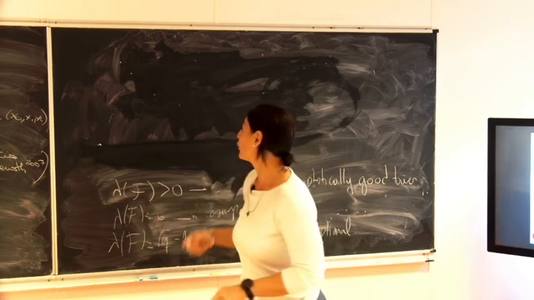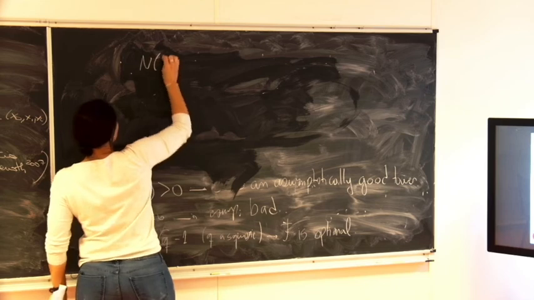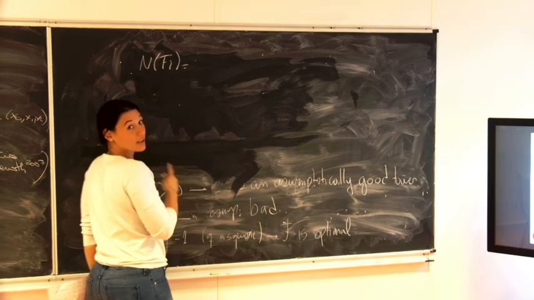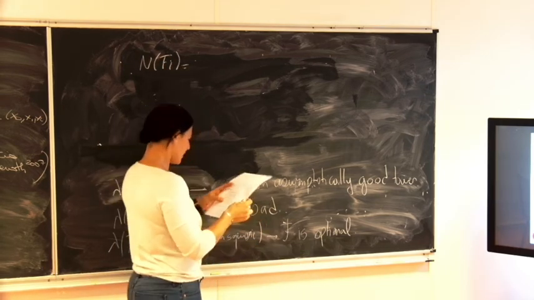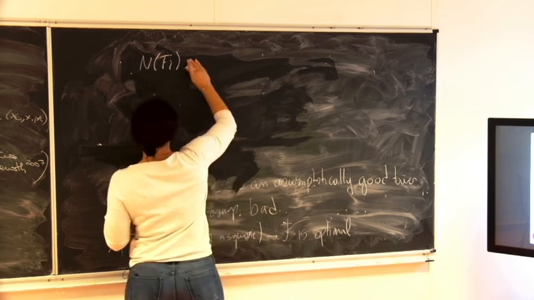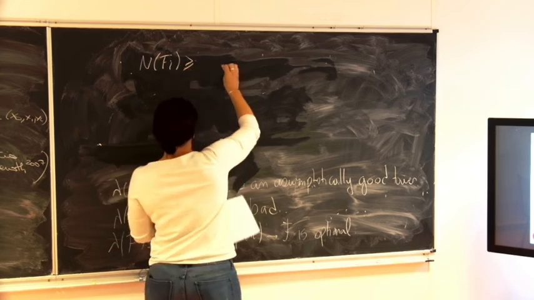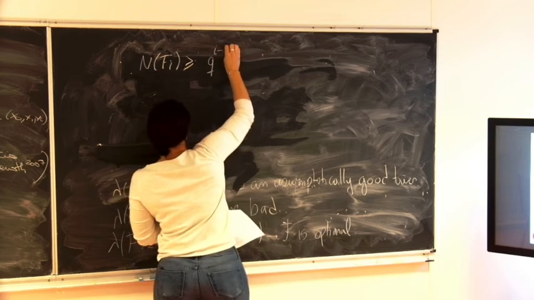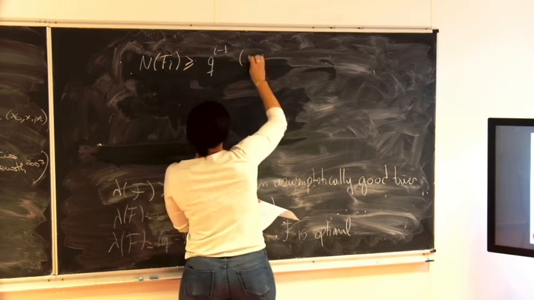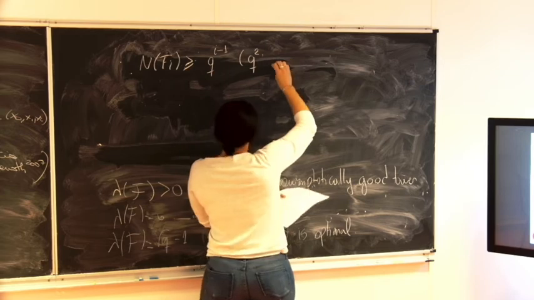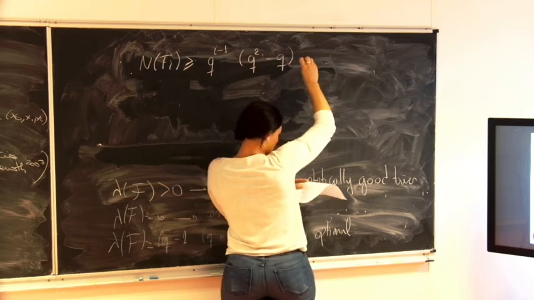They proved that for each step in the tower, the number of rational places was bigger or equal than q^I minus 1 times q squared minus q plus 1.